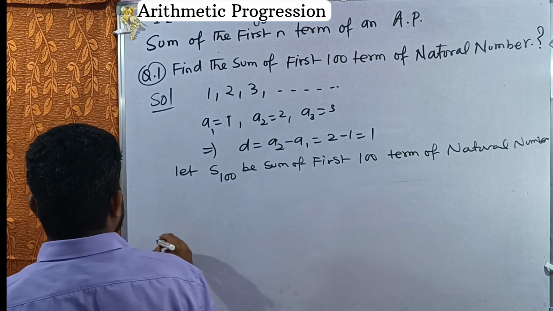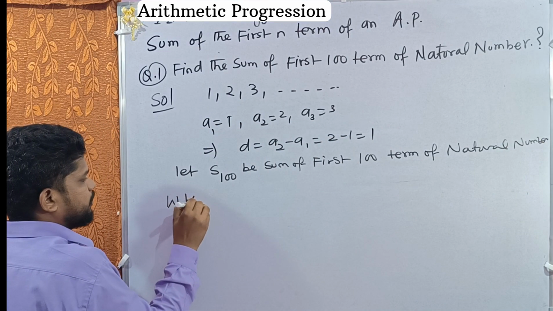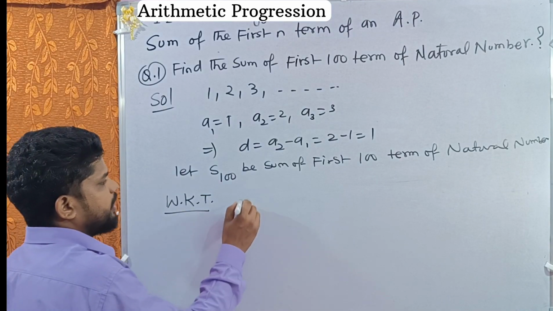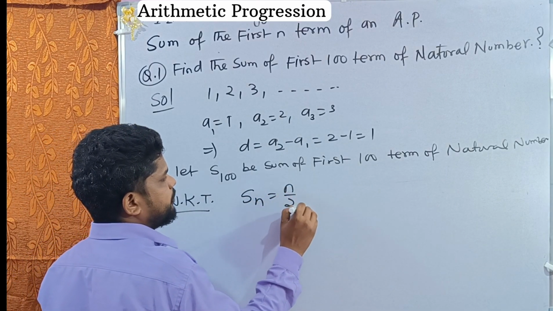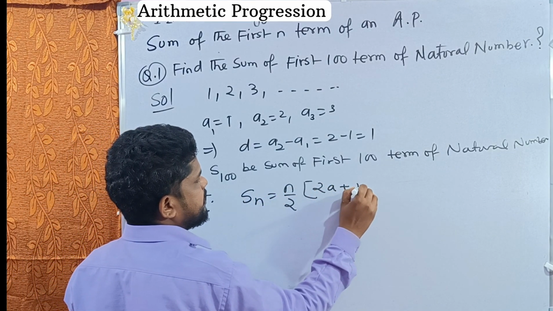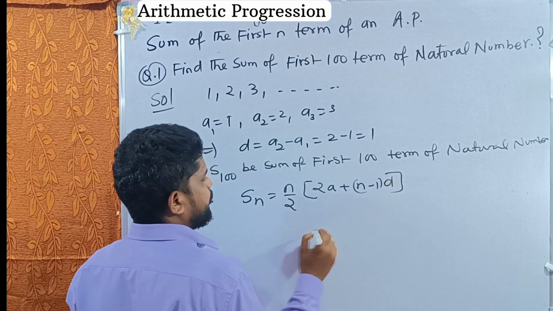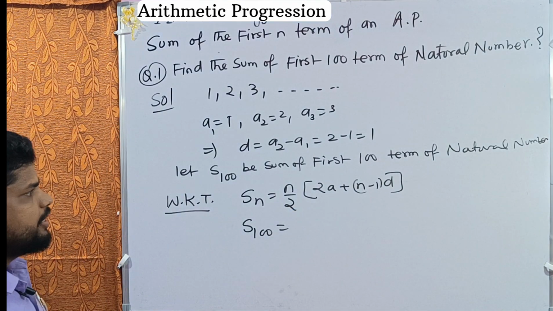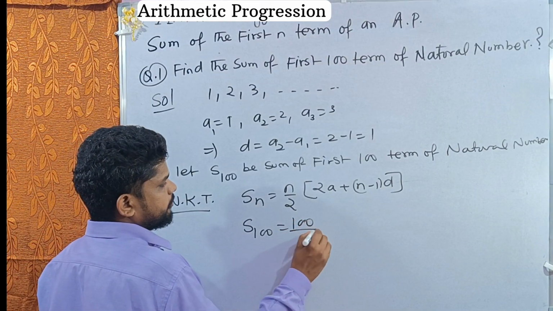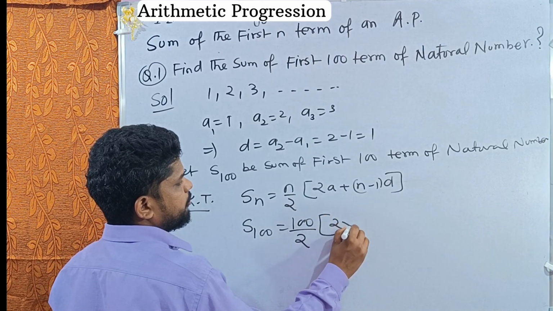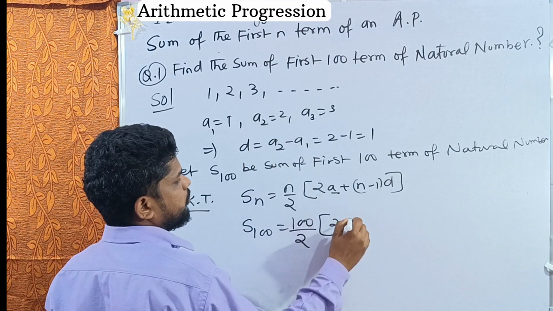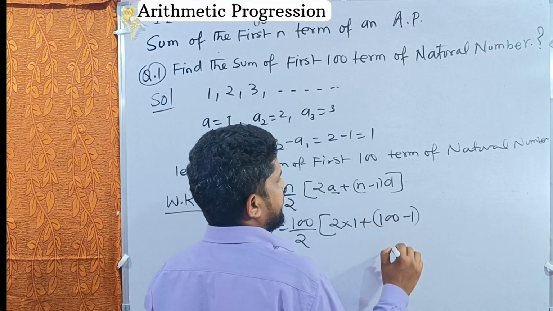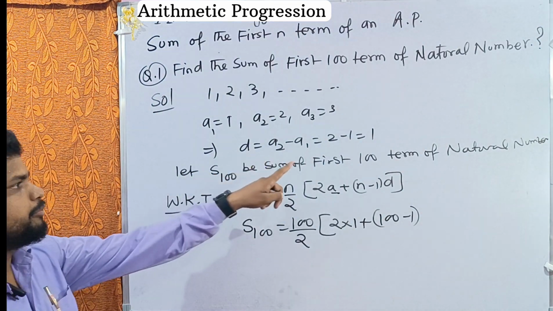We know that the sum of the first n terms of an AP is given by the formula Sn equals n by 2 times (2a plus (n minus 1) d). Here S100 will be equal to, the value of n is 100, divided by 2, the first term is 1, n again is 100 minus 1, and the common difference d is 1.